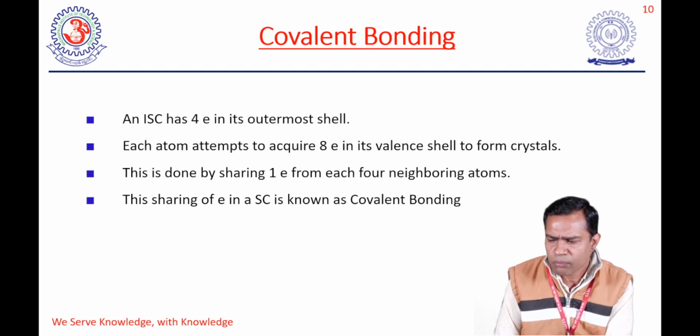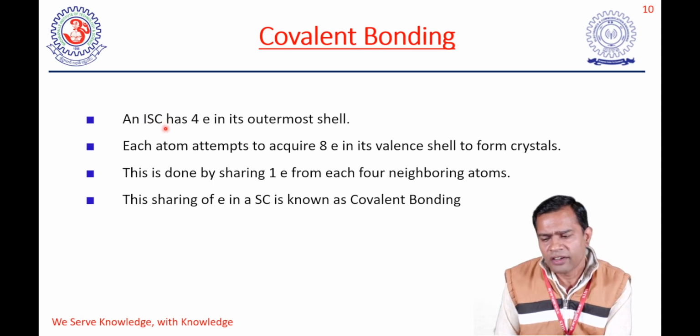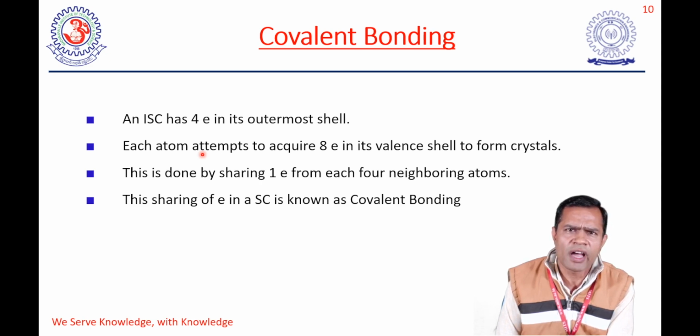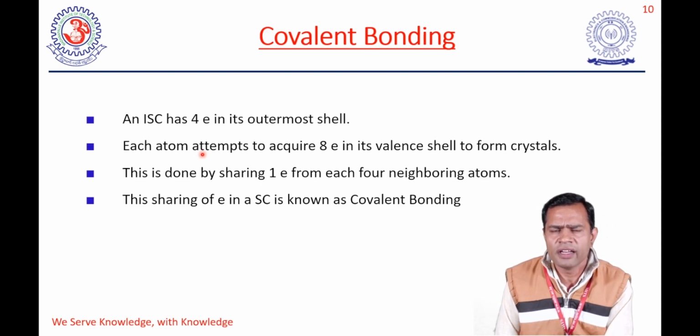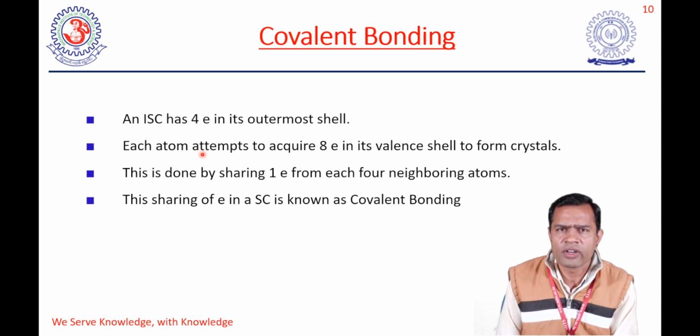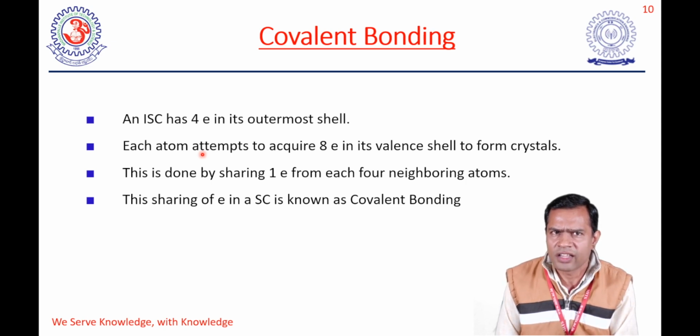Already I have discussed the intrinsic semiconductor. Here ISC means intrinsic semiconductor, having 4 electrons in the outermost shell, and each atom attempts to acquire 8 electrons in its valence shell. If we talk about the 3-dimensional structure or crystal, definitely 8 electrons are there.